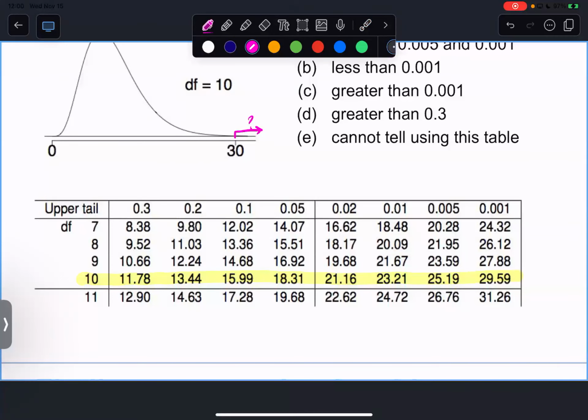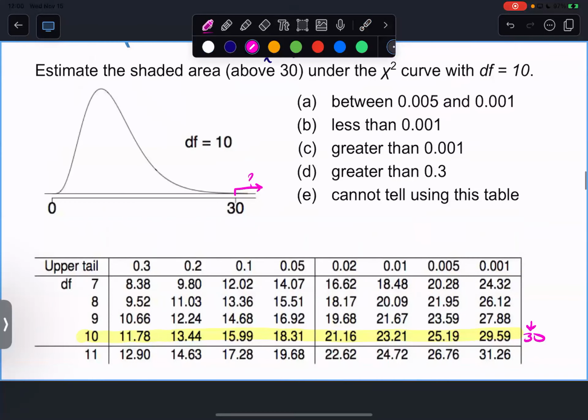I keep going and I keep going, and 30 would be off the table again, which means, because I have more areas here than in my little excerpt, the area in the tail is less than 0.001, which is B. Good.